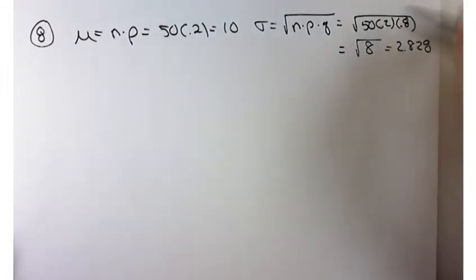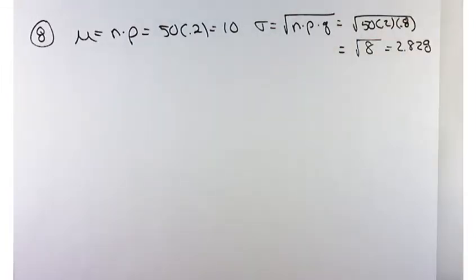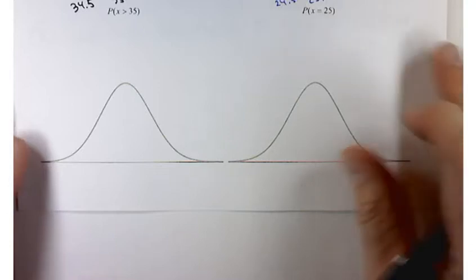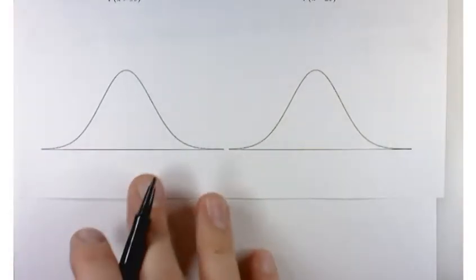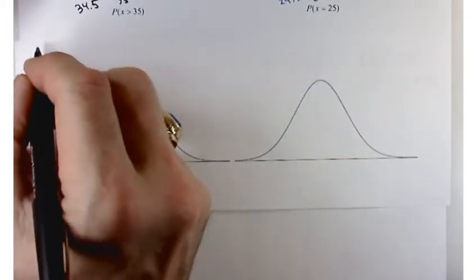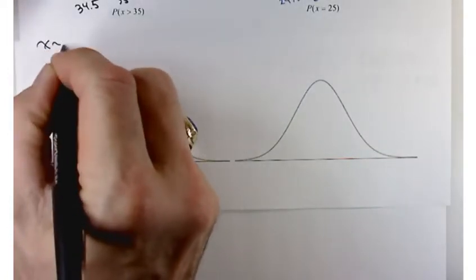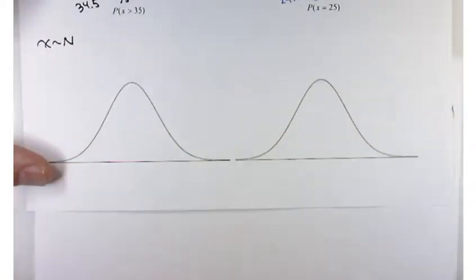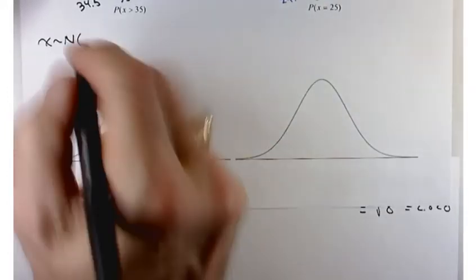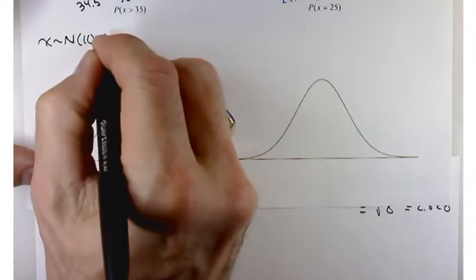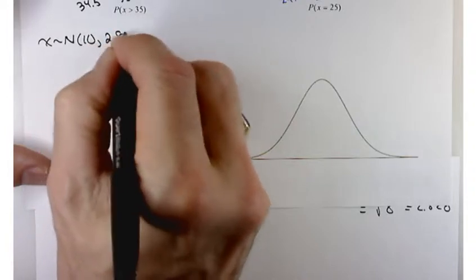So this is the normal curve that we're going to use to make our approximation. Let's take advantage of a couple of the blank curves that we have down at the bottom here. Let's write in that this normal curve is distributed with a mean of 10 and a standard deviation of 2.828.